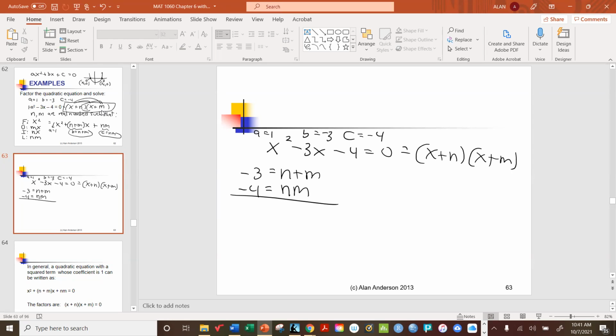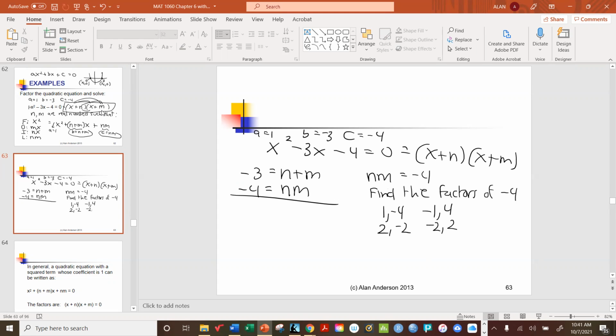So probably the best way to go about this. Now, algebraically, there's a lot of things we could do. But I think our best bet is to try this. Why don't we take nm equals -4, and let's try to identify the factors of -4. They would be 1 and -4, -1 and 4, 2 and -2, -2 and 2.